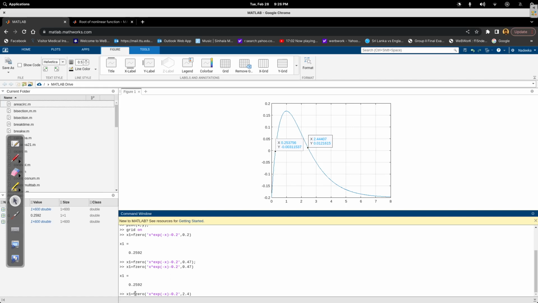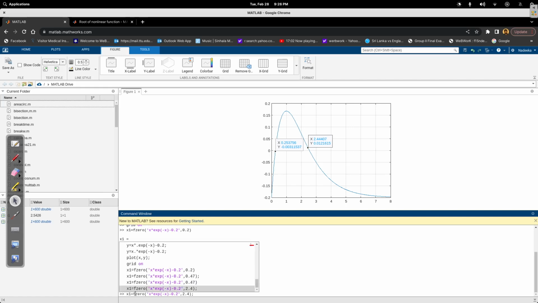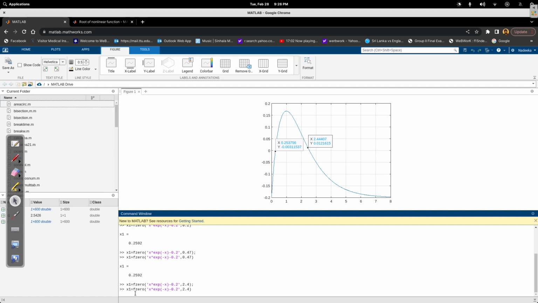Again I used the semicolon, so I'll do it without. So the other root is 2.5509. Here I picked a somewhat closer value. Even if I use something like 2 instead of 2.4 as the starting approximation, it will work.